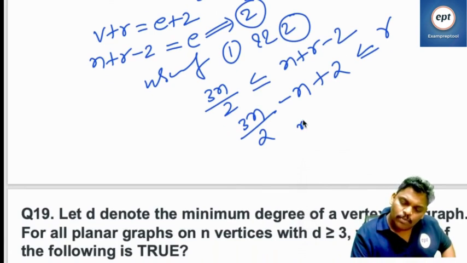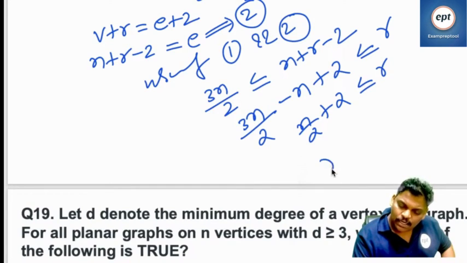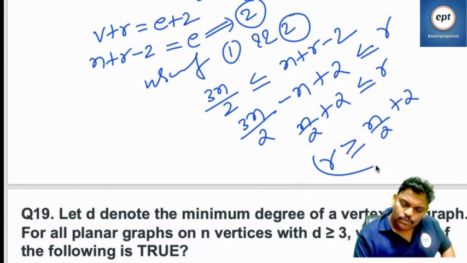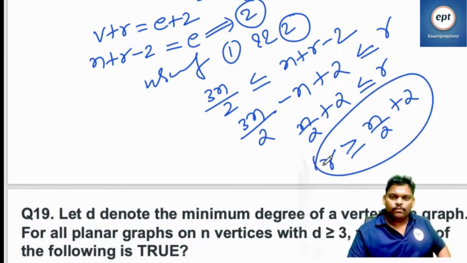Finally, n by 2 plus 2 is less than or equal to r. If you write in the reverse order, r is greater than or equal to n by 2 plus 2. So that is the answer for this.